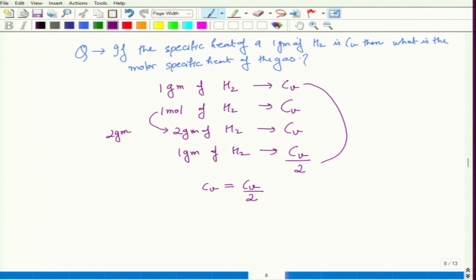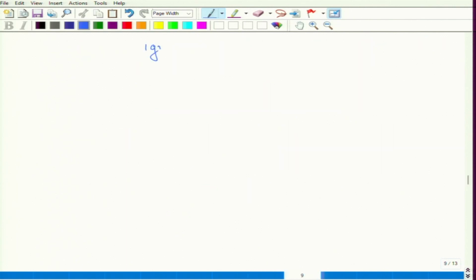If we want to know the general relation, then let's say 1 gram of any gas, some random gas X whose molecular mass is m, has specific heat small cv, and 1 mole of X gas has a specific heat, capital Cv.